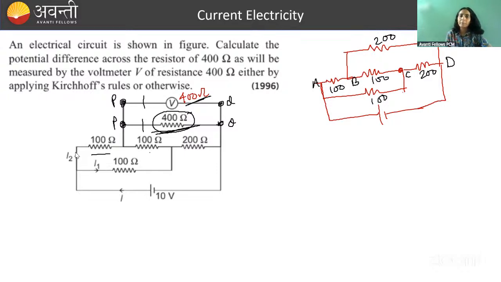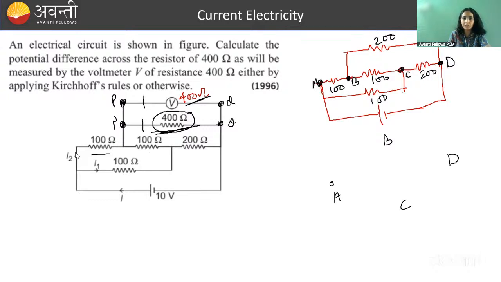Now, do you see a balanced Wheatstone bridge or not? If not, then write 4 points. In terms of potential, we have 4 different points. This point has one potential. This point has a potential different from A, that is why I've named it B. This point has a potential different from A and B, that is why I have named it C. And this point has a potential different from A, B, C. So D. So we have 4 points, A, B, C, D.